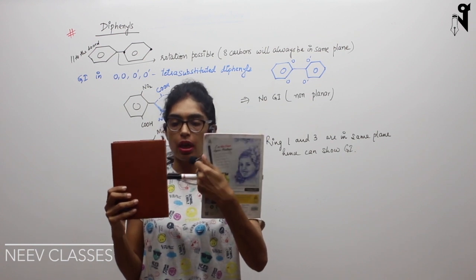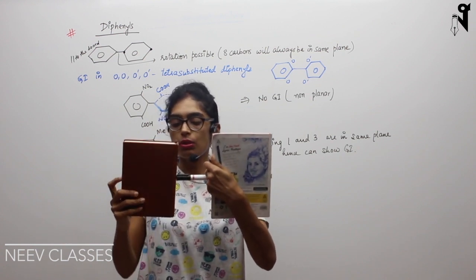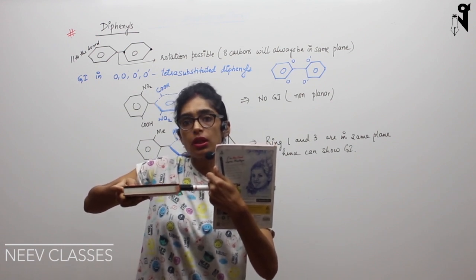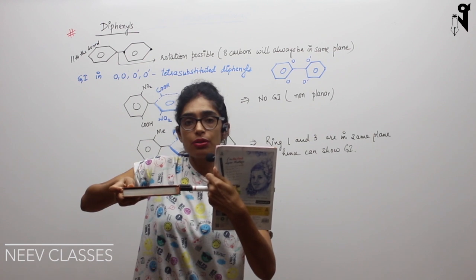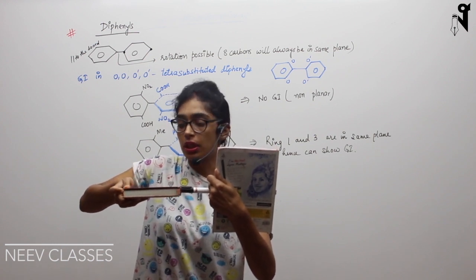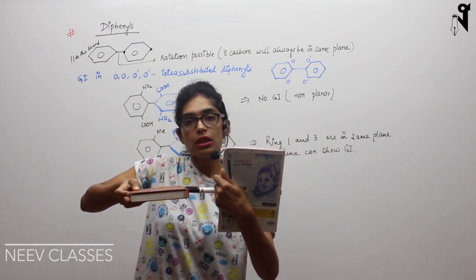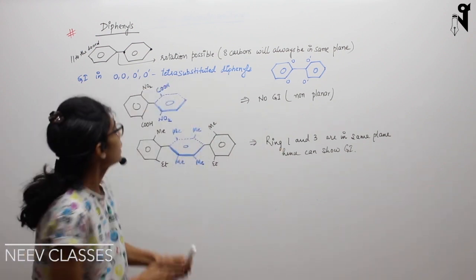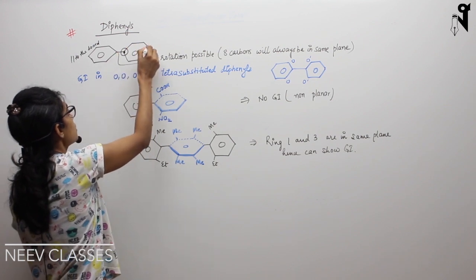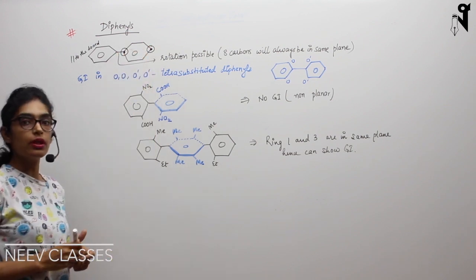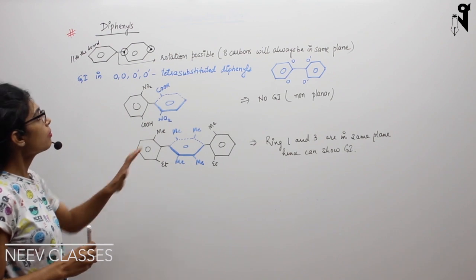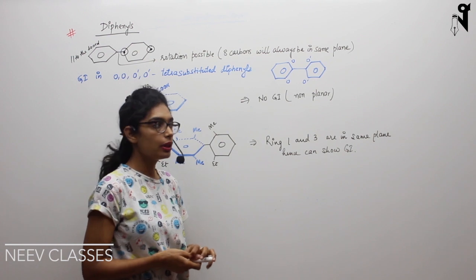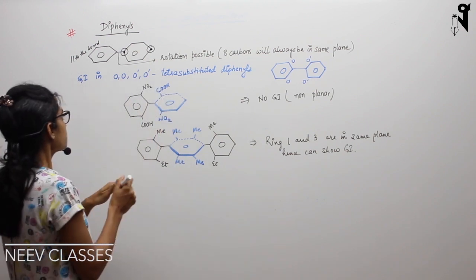Assume here is a carbon, this is a carbon, and this is the carbon. Even when I rotate the carbon's plane, the carbon where it is attached with the bond is not changing plane, the plane for other carbons is changing. In fact, this carbon's plane is also not changing. So the plane of these two carbons will not change, whereas the plane of the rest of the carbons will change. So at an instant, a minimum of 8 carbons can always be in the same plane when you talk about biphenyl. This is a commonly asked question.